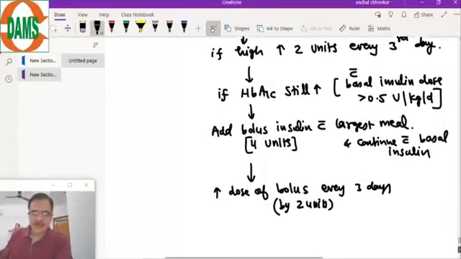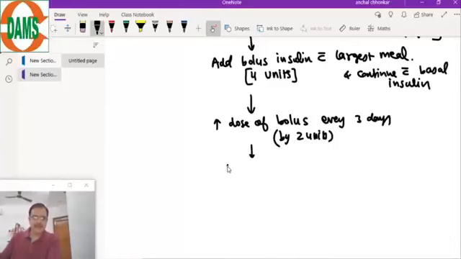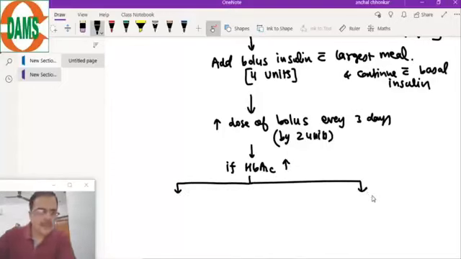And if with 1 bolus and 1 basal, HbA1c is still high, then we have 2 options.